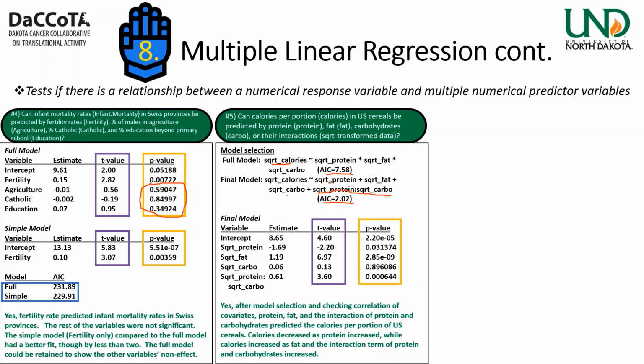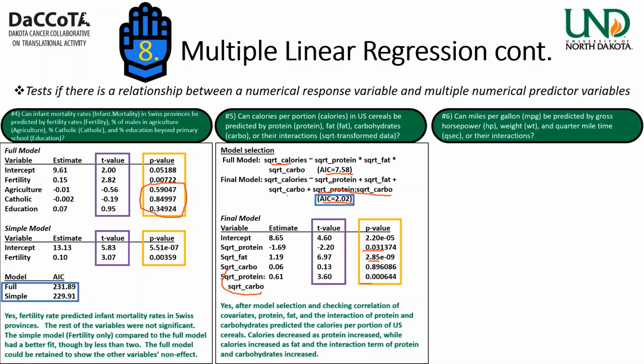And I checked for correlation covariates. And so what we found here is that protein, fat, and then the interaction between protein and carbohydrates were significant. As protein increased, calories decreased, while for fat and the interaction between these two, as those increased, so did calories.